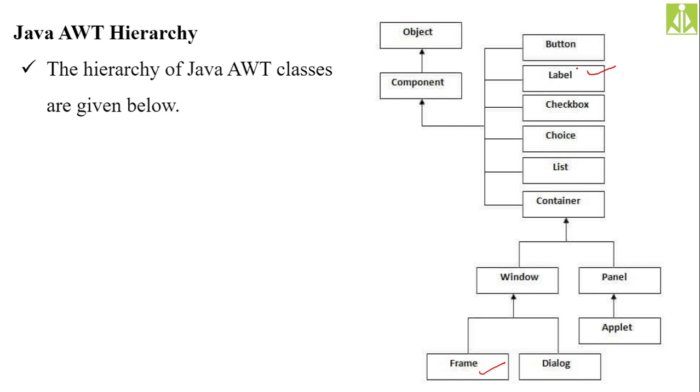On that frame we put this label as a component, and in that label we write whatever message we want to write. Very simple thing. You need to create the container, that is the frame, and on that frame you need to add this label, so that it will be visible to the end user. When we do the programming you will understand it clearly.